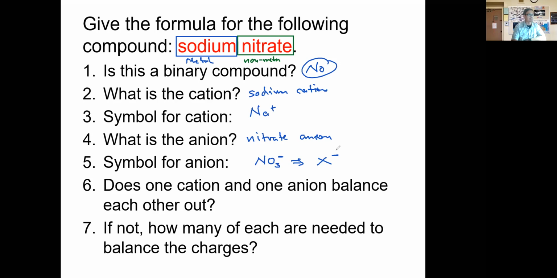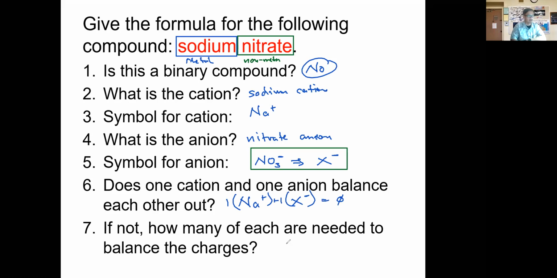Right, so let's go ahead and balance this out. For right now, we're going to make the assumption where nitrate is X-. So we're going to balance out the charges using that. Sodium is 1+, and then there's your X-. If we have 1 sodium and 1 X-, when we add those together, the charge becomes 0.